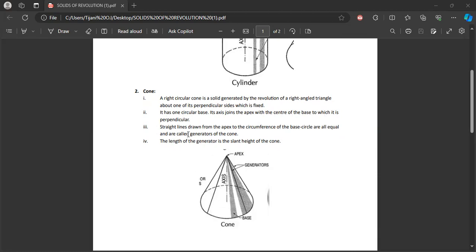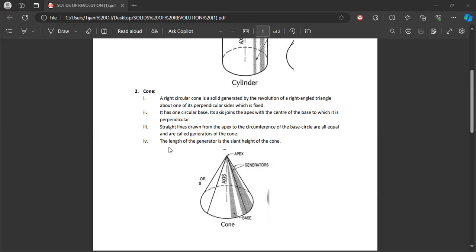Then the straight lines drawn from the apex to the circumference of the base circle are all equal, and they are called generators of the cone. As you can see, that is indicated here. On this diagram, we have about four generators.